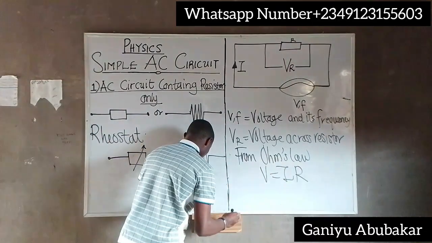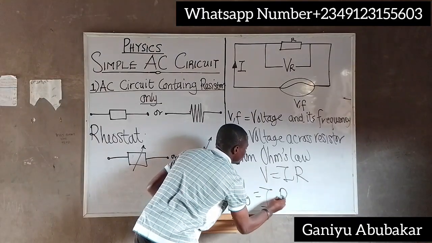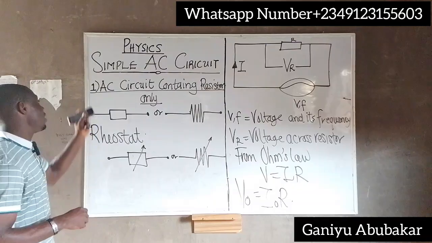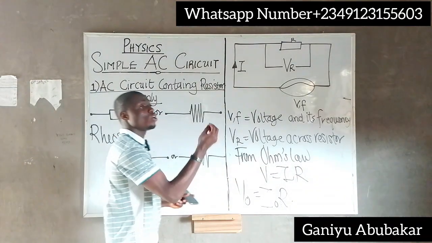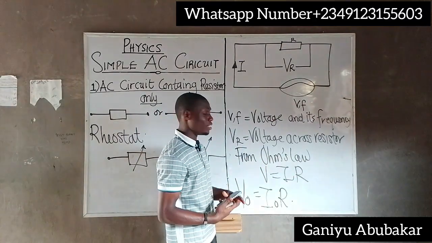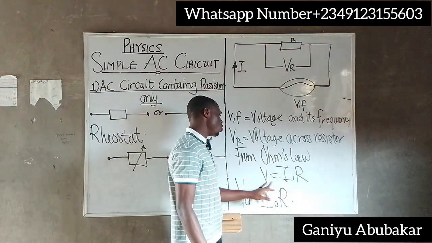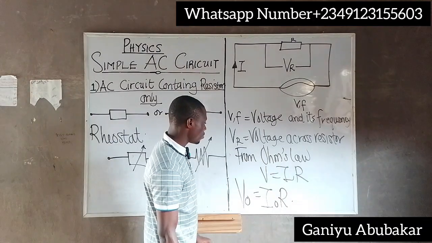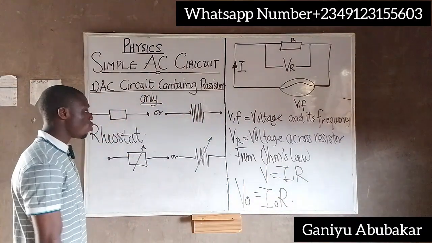This gives you V peak is equal to I peak times R. This is the formula you should note when it comes to AC circuit containing resistor only. For resistor only, V equals IR, please. Your R is the resistor here. So this is the concept here, for AC circuits containing resistor only.